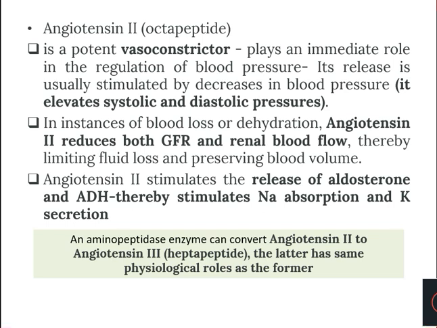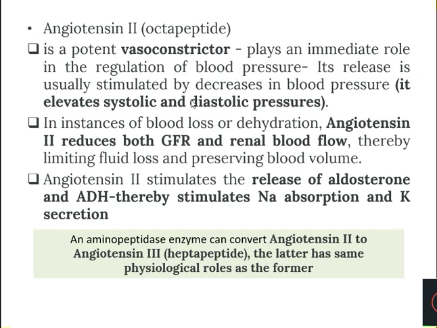So for that, what will angiotensin 2 do? Angiotensin 2 is a potent vasoconstrictor. What do you mean by vasoconstrictor? Vaso means blood vessel or capillary or artery, constriction, compression. So it will constrict the arteries, so the pipe is getting constricted.